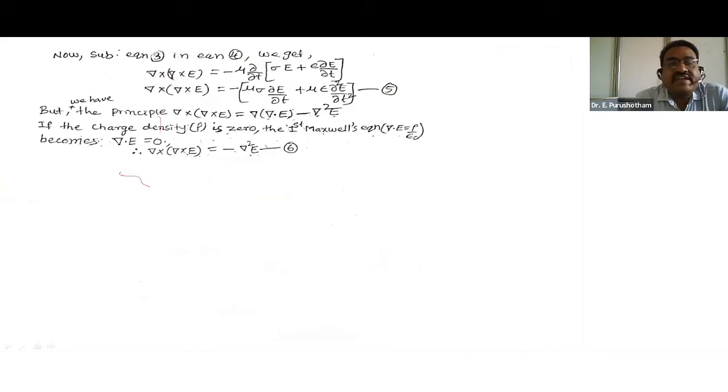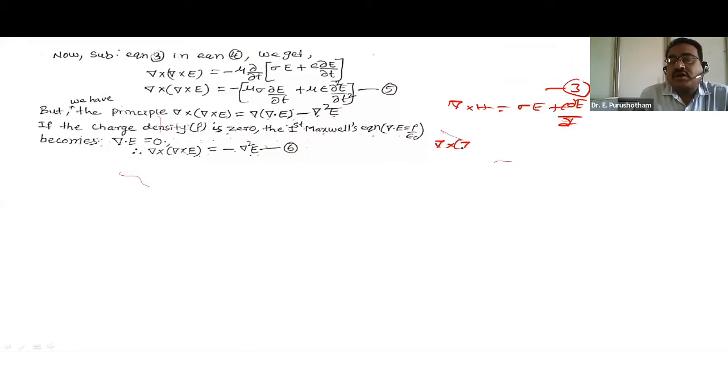Now substituting equation 3 in equation 4. What is equation 3? Curl of H is equal to sigma E plus epsilon dou E by dou t. What is equation 4?